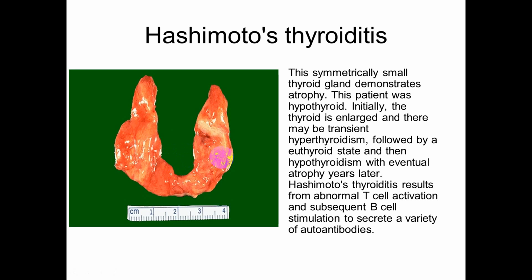Hashimoto's thyroiditis results from abnormal T cell activation and subsequent B cell stimulation to secrete a variety of autoantibodies.